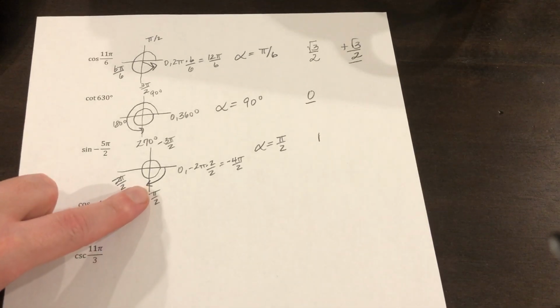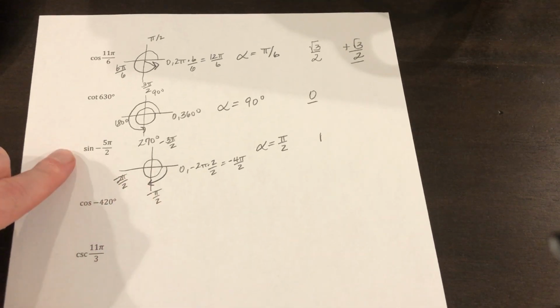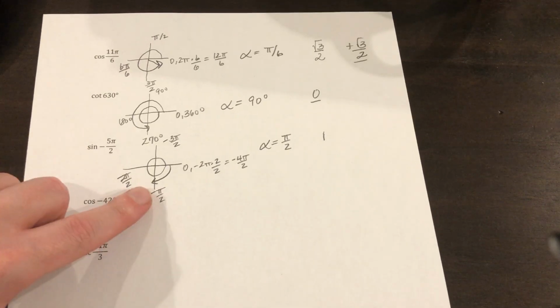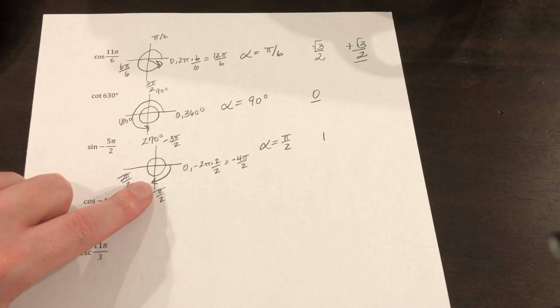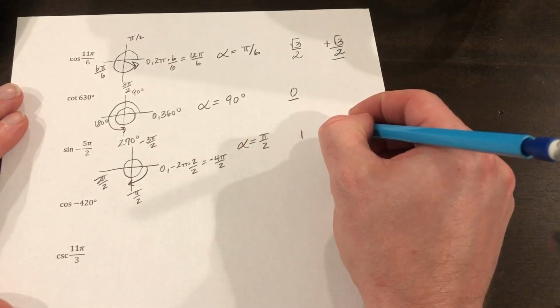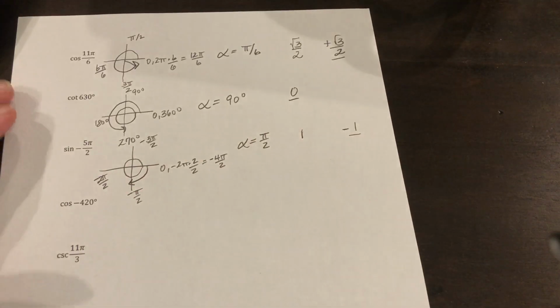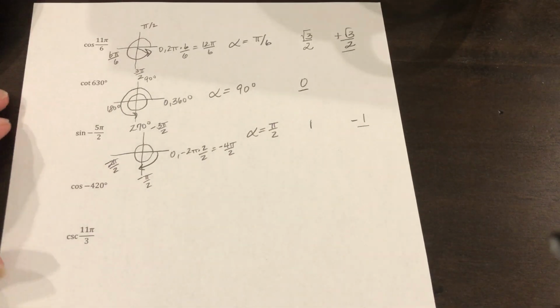So since I landed on the negative y-axis, I'm dealing with sine. My x-coordinate is going to be 0, and my y-coordinate is going to be negative because I land on the negative y-axis. So it's going to come out to be a negative 1, okay? And I will explain something in just a second also to you guys at the end of the video.